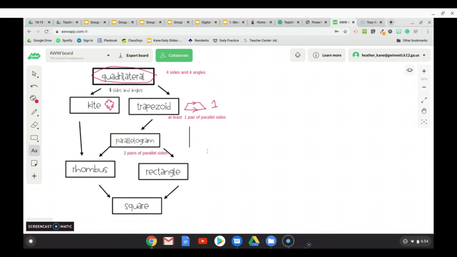So both the top and bottom and the left and right sides are going to be parallel to each other. So that's going to kind of look like this. Okay, so they don't necessarily have to be the same length all the way around. We're going to get there, that gets more specific, but they do need to be parallel to each other.